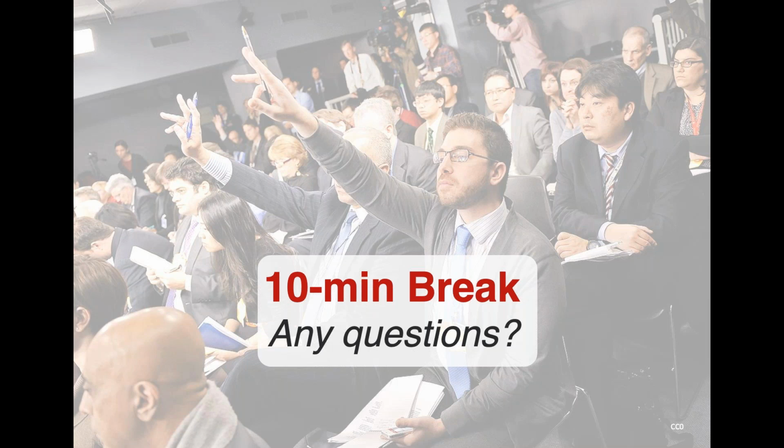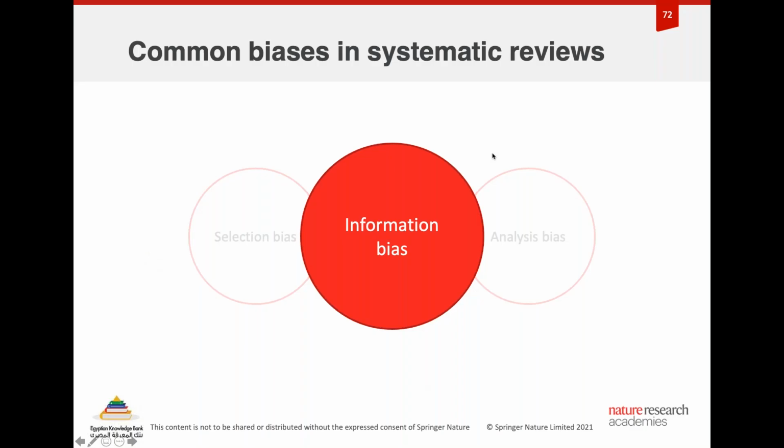So now moving back to the workshop, we talked already about biases in the studies. We talked about one of the common biases in systematic reviews, probably the most important one, selection bias in terms of selecting studies. But there are also additional biases you should be aware of as well. The second one we want to talk about is information bias.